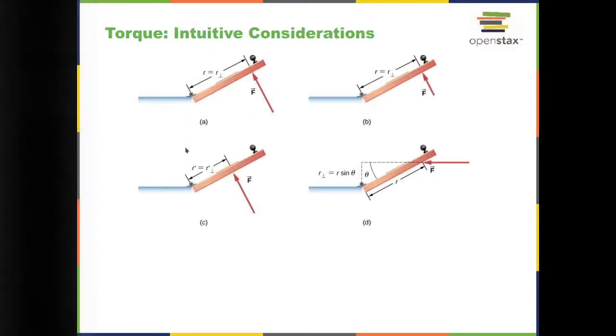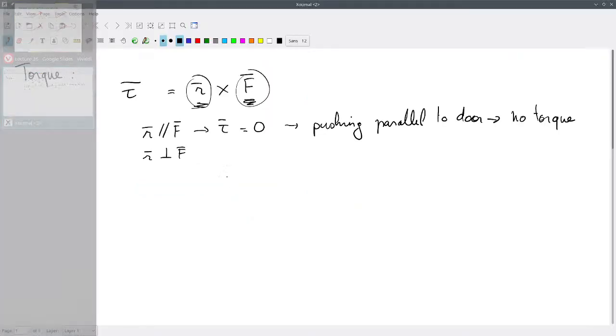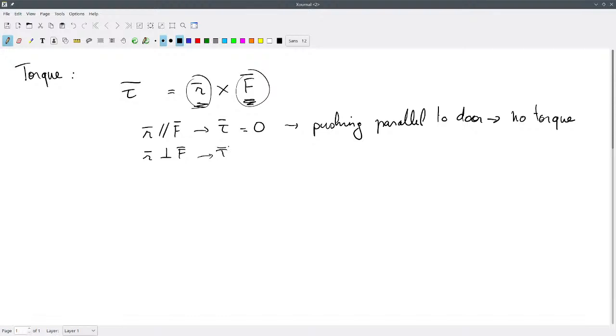In other words, when the angle between the vector from the pivot point to the point where the force applies and the force is 90 degrees. So in that case, tau is maximized in magnitude, of course.